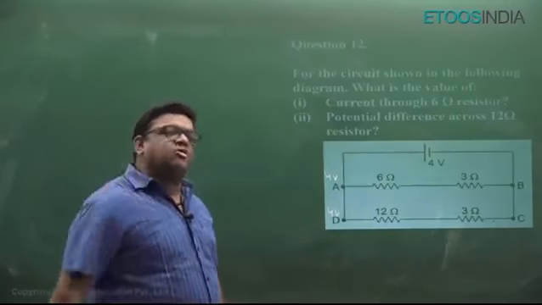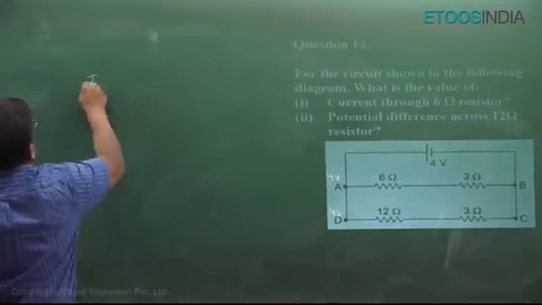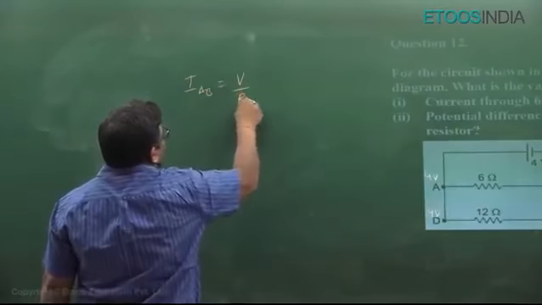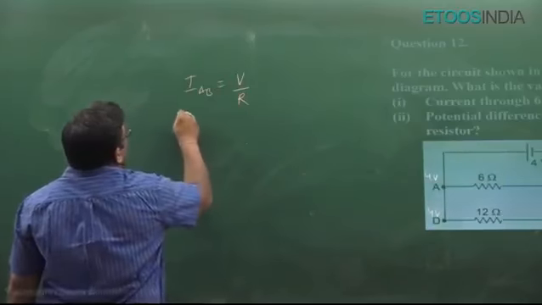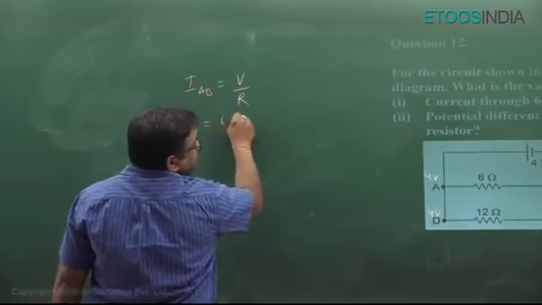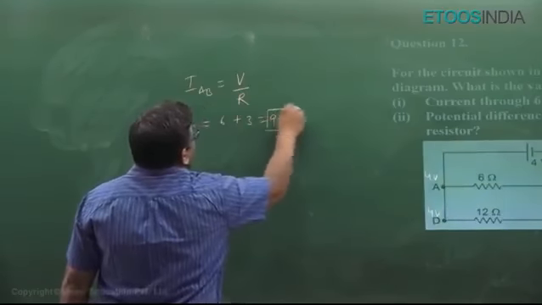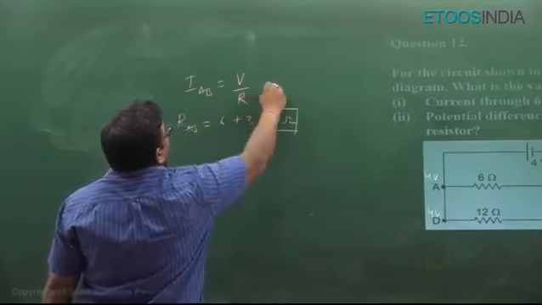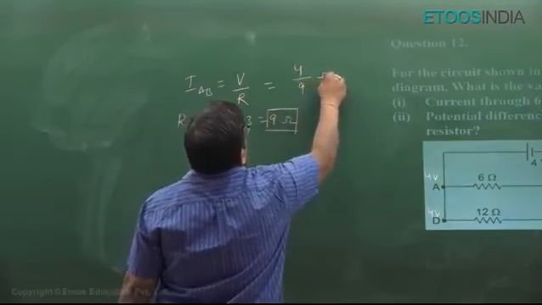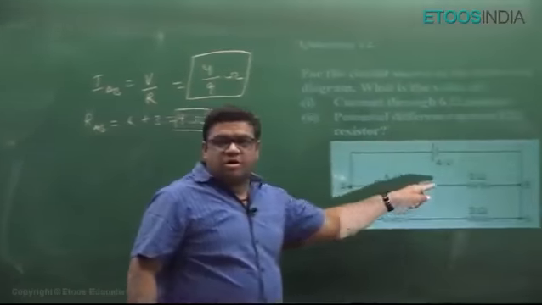So, let me find the current through arm AB. The current through arm AB will be equal to V upon R. But what is RAB? It is 6 plus 3, 9 ohms. By putting this value here, the answer will be 4 upon 9. So the current flowing through this wire is 4 upon 9 ampere.